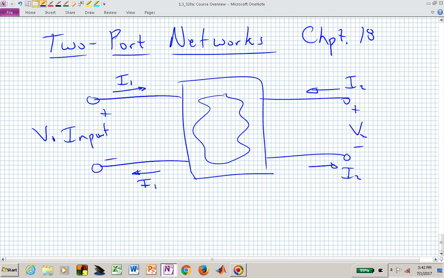and the appropriate current. Now we can use these descriptions of two-port networks. It's, I hope, clear that we have two ports. We have an input port and an output port. And with this terminology or with these definitions, we are now able to use this to describe different electronics.